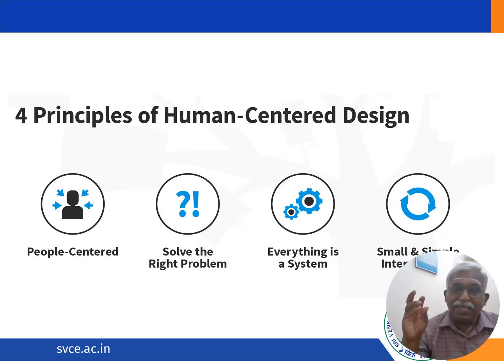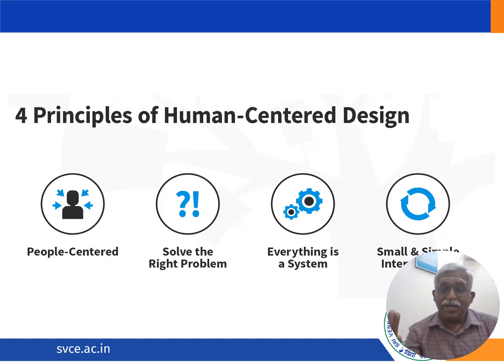Everything is a system. Sometimes we take the problem by design thinking. The main application is concentrating on the process step by step, in a systematic way. By means of the systematic way, we want to solve the problem.